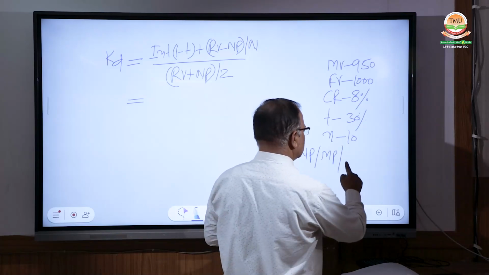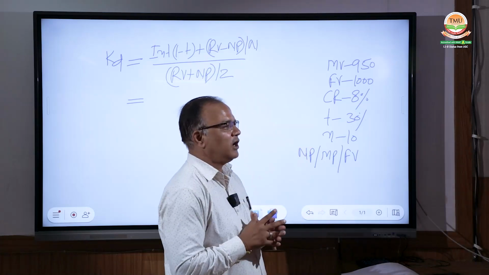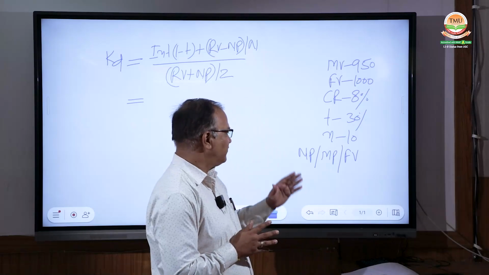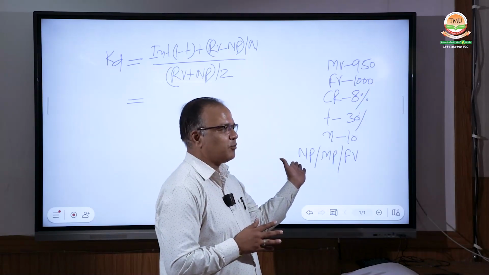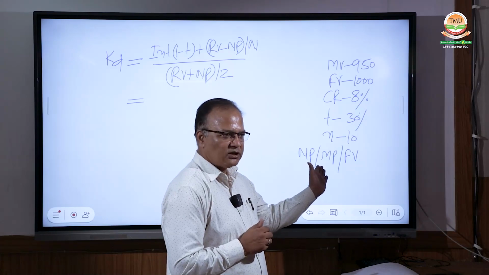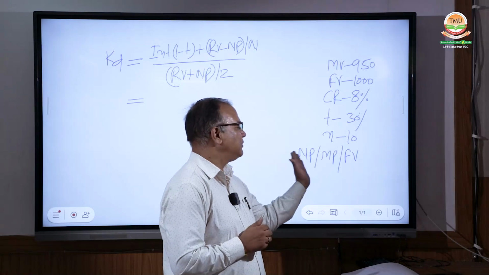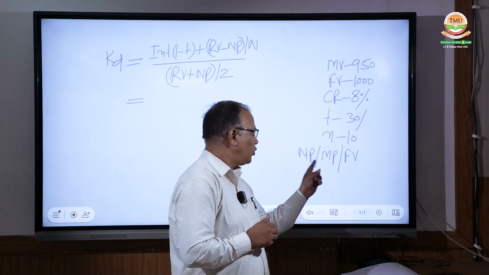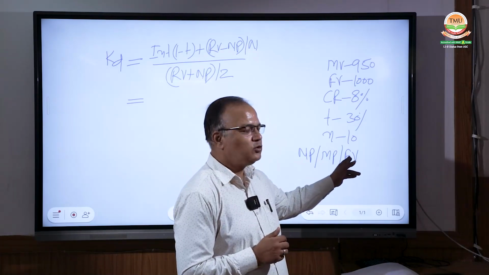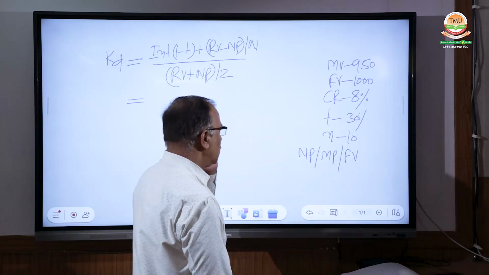And if that is not given either, then you can use face value in place of net proceed. If both pieces of information are not given in the question, then you have to use face value in place of net proceed. This is the rule.